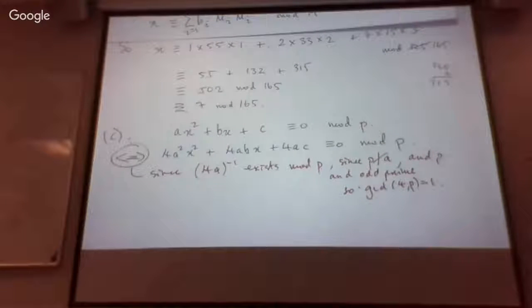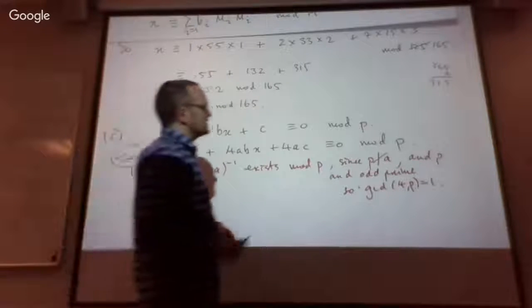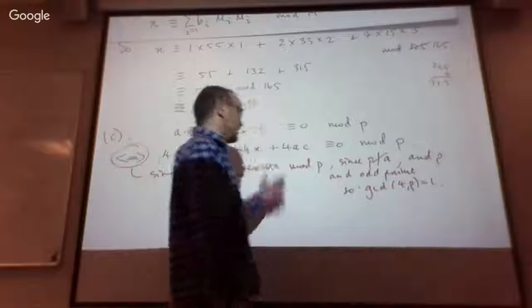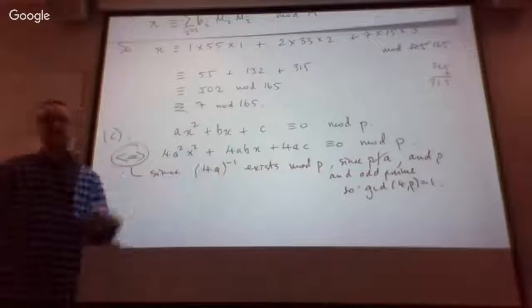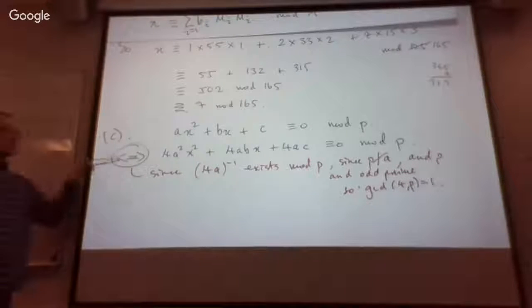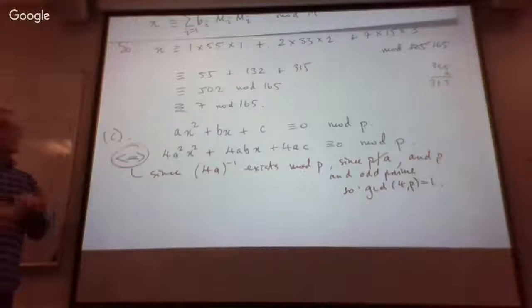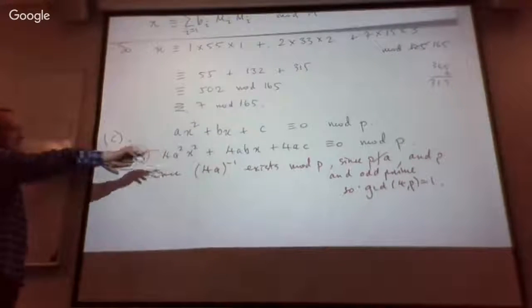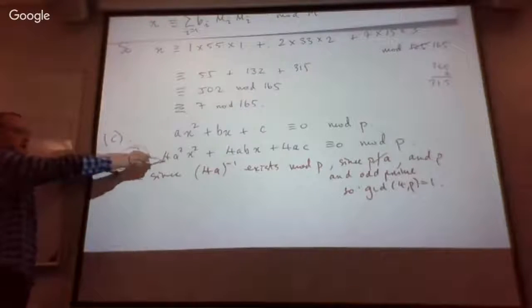Because 4 only has factors of 2 in it, 2 and 4. So the fact that p does not divide a, so a is co-prime to p, 4 is co-prime to p, so a and 4 have inverses, so the product 4a will have an inverse. And the fact that you've multiplied both sides by an invertible element means that this is a logical equivalence. You're free to multiply both sides by any element, and it will always give you an implication that if the top one is true, then the bottom one is true.